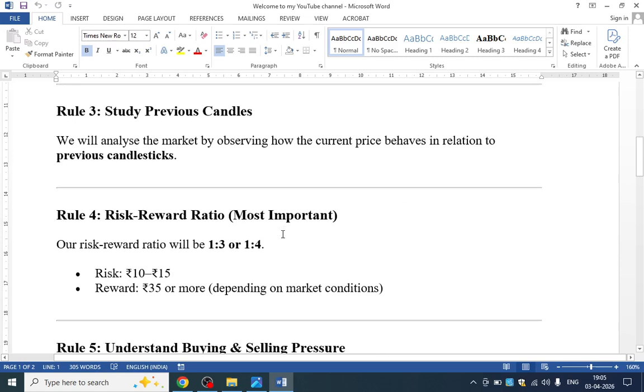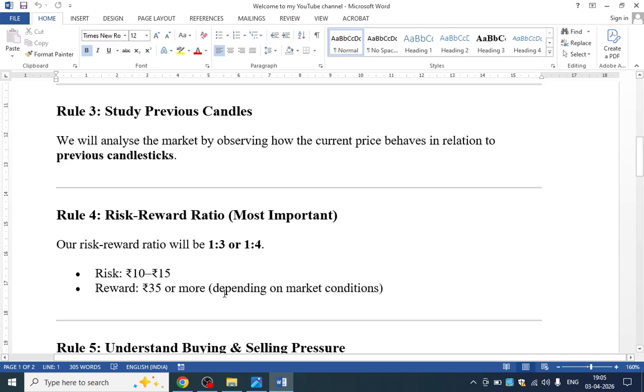Now this is the most important thing, the risk to reward ratio. My risk to reward ratio is 1:3 or 1:4 or about that. I will only risk 10 to 15 rupees and not more than that. If my trade goes against me, I will be stopped out. Otherwise my reward is 35 rupees.